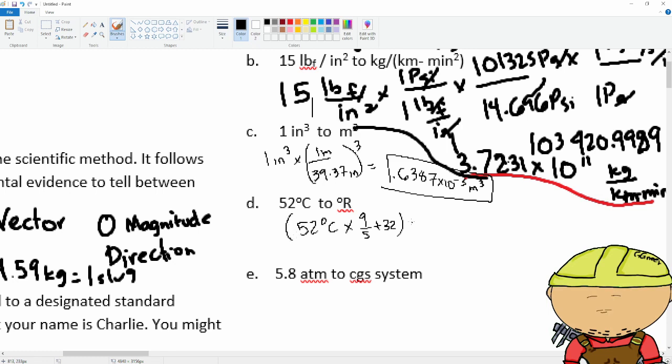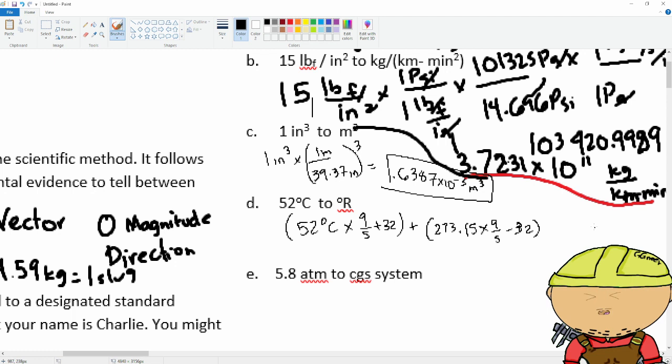Okay, plus 451 or plus 273.15 times 9 over 5 minus 32.